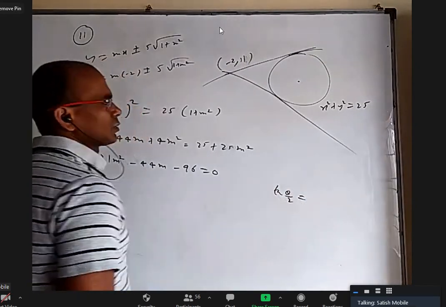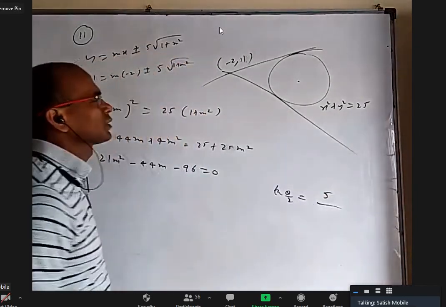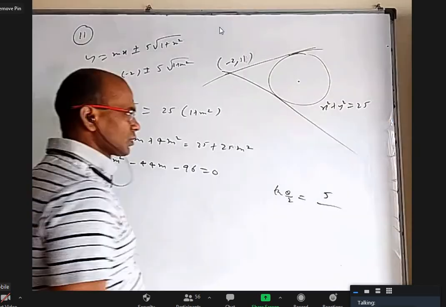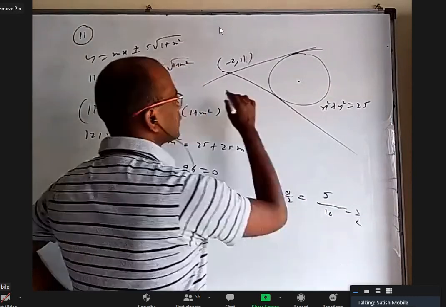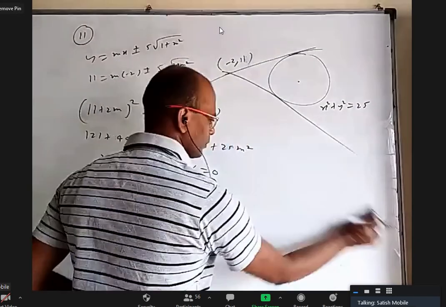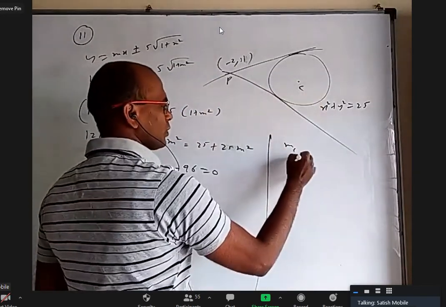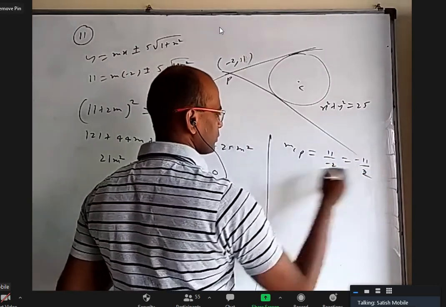Tan theta by 2 is r by root s1. R is 5 and root s1 is root of 25 plus 4 plus 121 minus 25, that is 10, so 1 by 2. If this is P and this is C, the slope of CP is 11 by minus 2, that is minus 11 by 2.